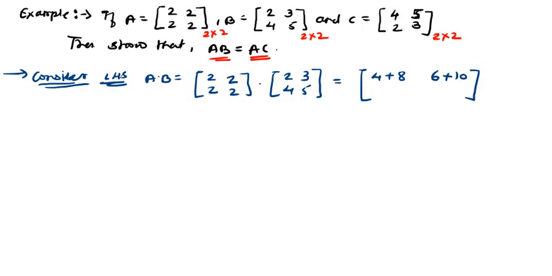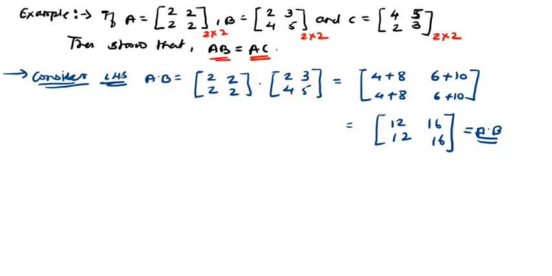Then second row and first column: 2 into 2 is 4 plus 8, then 2 into 3 is 6 plus 10 again. So this will be equal to 12 12, then 16 16. So this is the matrix AB and that is our LHS.